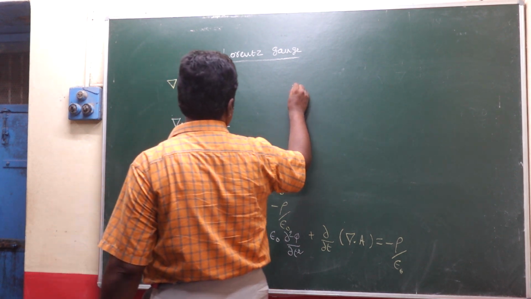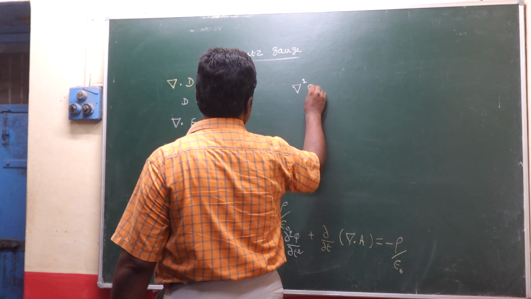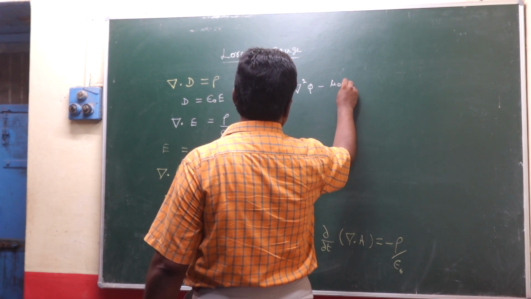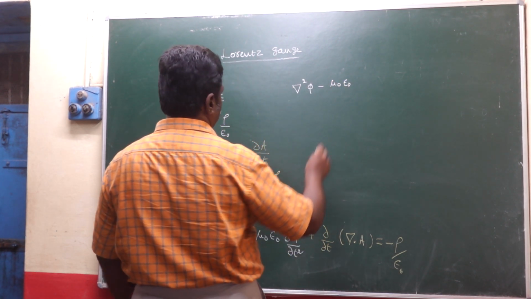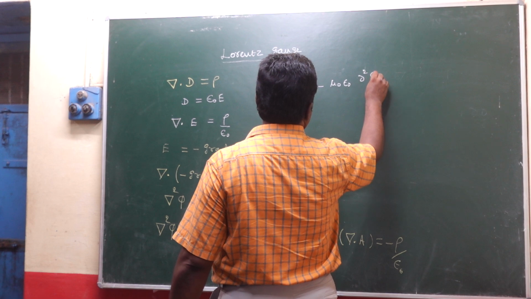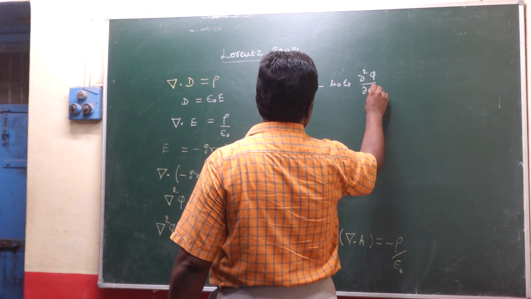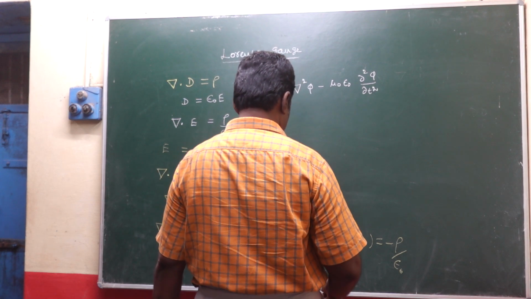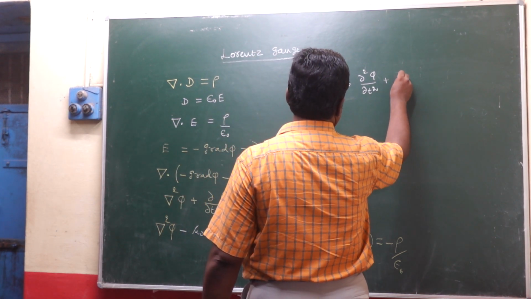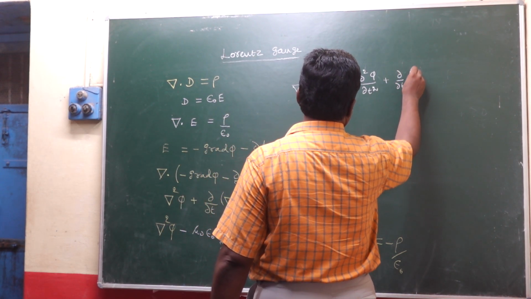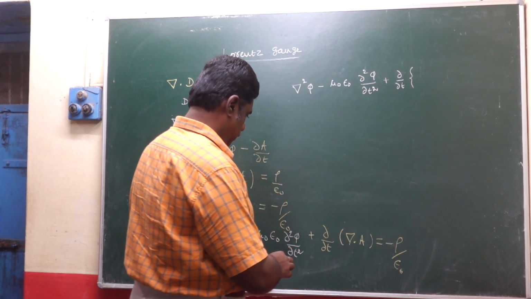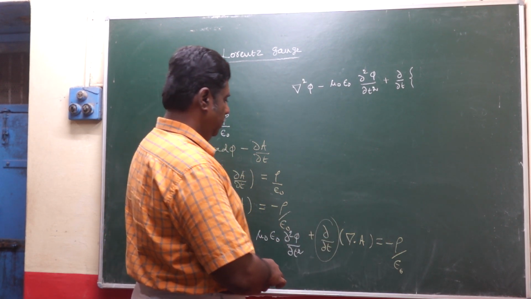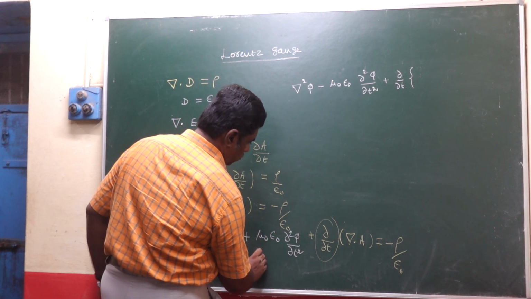del square phi minus mu naught epsilon naught dou square phi divided by dou t square plus dou by dou t of, just take this dou by dou t as a common term and combine these two terms.